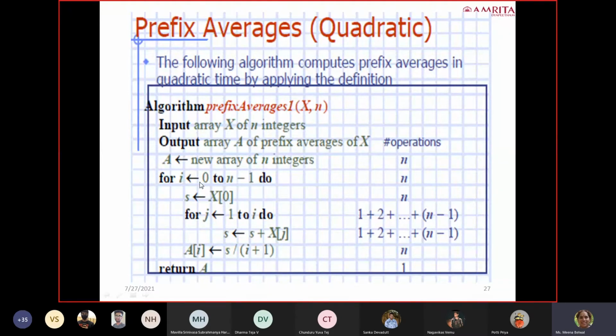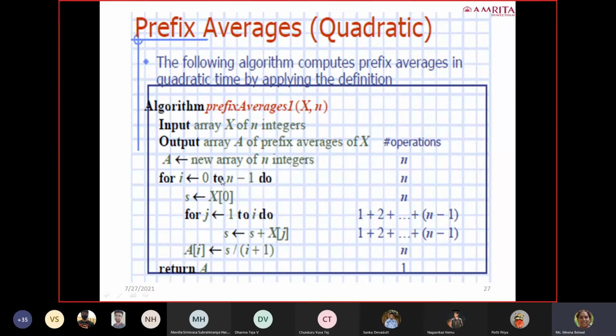And then for i equal to 0 to n minus 1, because there are n elements in array x, you are going to do s becomes x0. So to keep the sum, first you assign x0 to s, and then you create another variable that you call j. So i is 0 to n minus 1 and j becomes 1 to i.